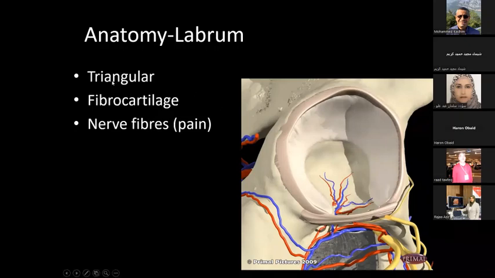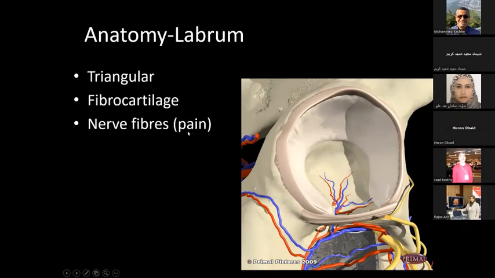The labrum is a fibrocartilage, just like the meniscus, the disc in the temporomandibular joint, or the triangular fibrocartilage in the wrist. So it's a different type of cartilage. It's triangular in appearance, and the reason there's been increasing interest in labral imaging is that studies have shown the labrum is innervated by pain nerve fibers.